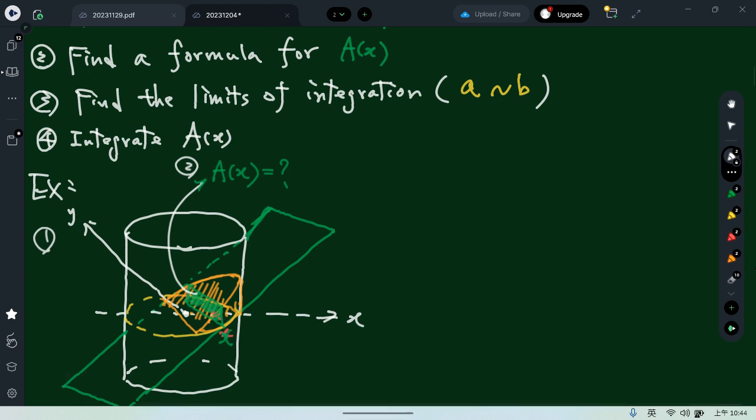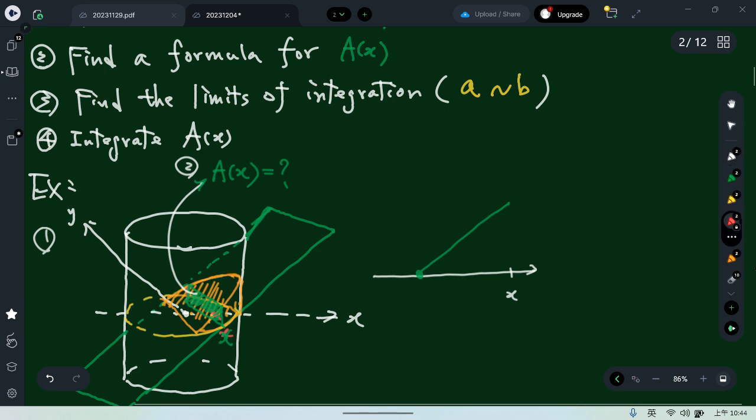The first perspective is here is x, and the cutting plane is here. So if here is x, because the degree is 45 degrees, that means this is 45 degrees.